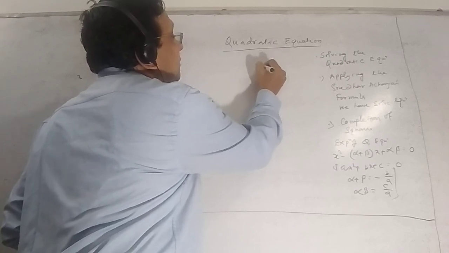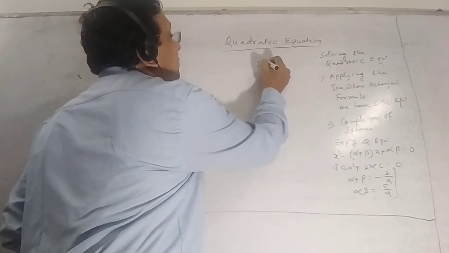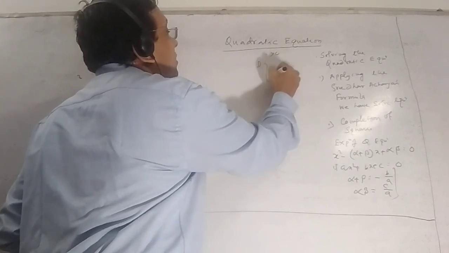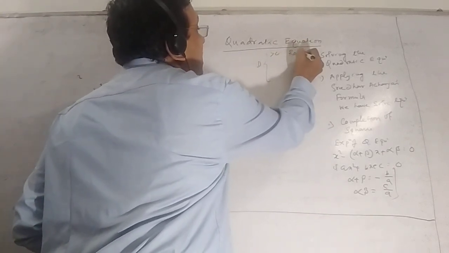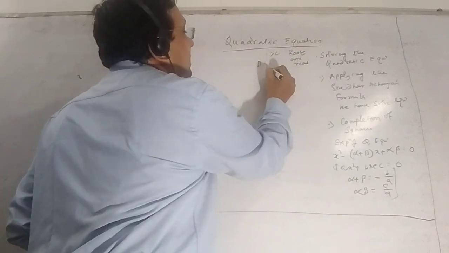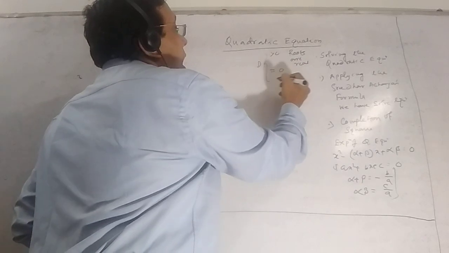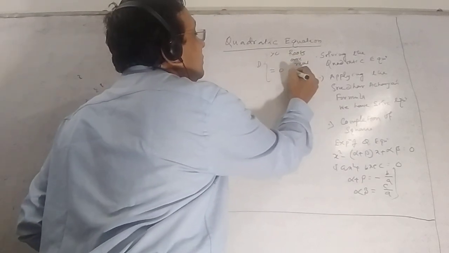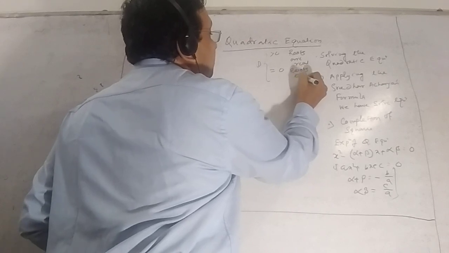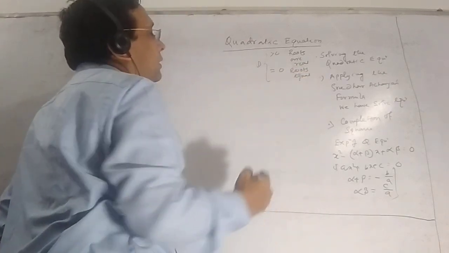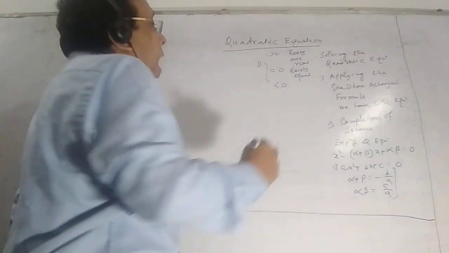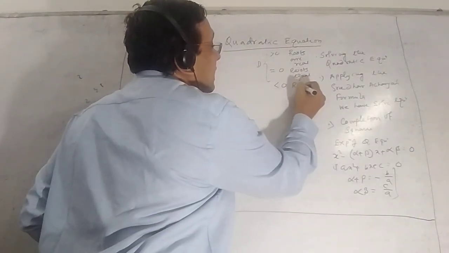If the discriminant is positive, roots are real. If the discriminant is equal to 0, roots are equal. If the discriminant is negative, roots are imaginary.